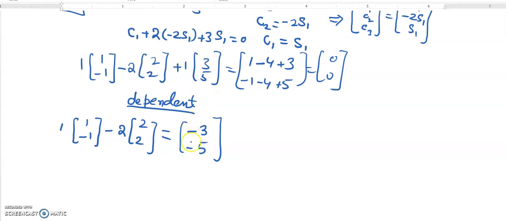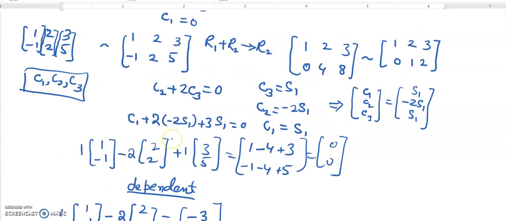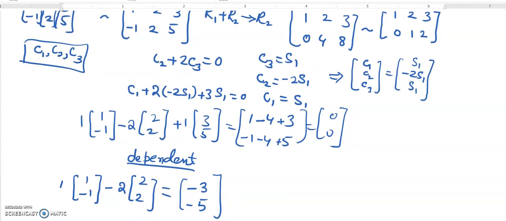So if I take this third vector on the left hand side, it will be exactly 3, 5. Otherwise it's -3, -5, because it is on the right side of the equation. Which shows that these two vectors (1, -1) and (2, 2) are dependent.